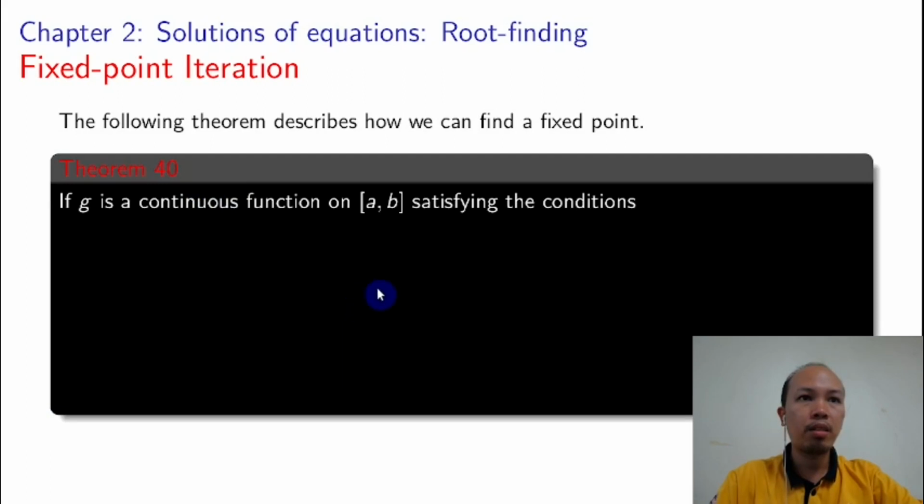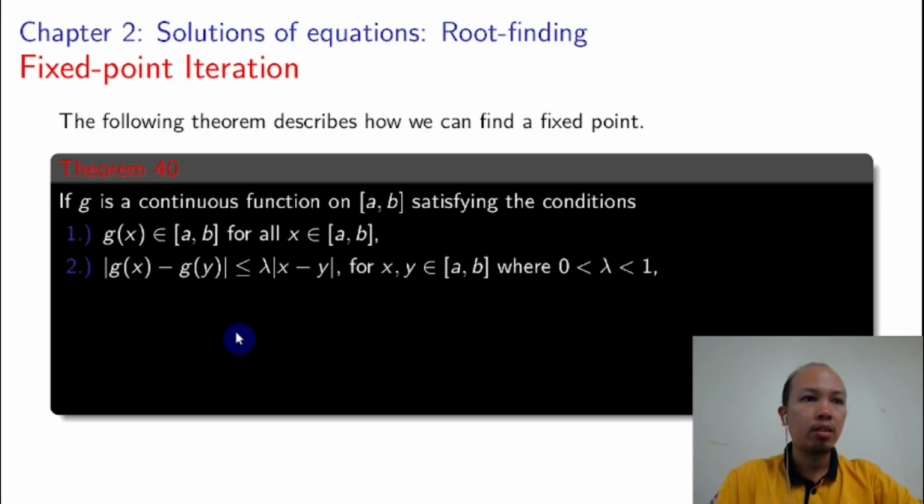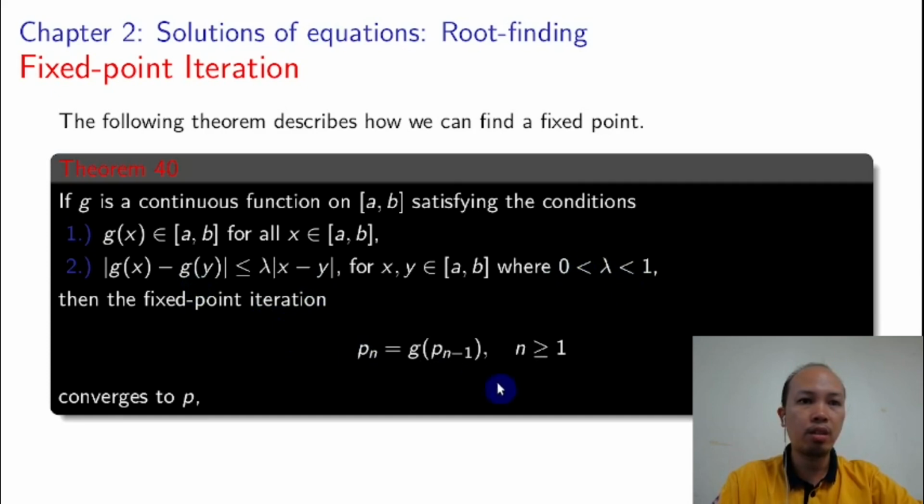Then another one. This theorem describes how we can find a fixed point. It says here that as long as the function g is continuous and all the images are also in the closed interval [a, b] for x in the closed interval [a, b], and this assumption also holds just like in theorem 38 for all lambda between 0 and 1, then the fixed point iteration, just like the bisection method and Newton's method, has this kind of formula, very familiar, p sub n.